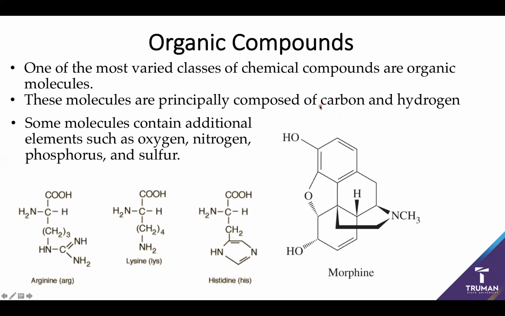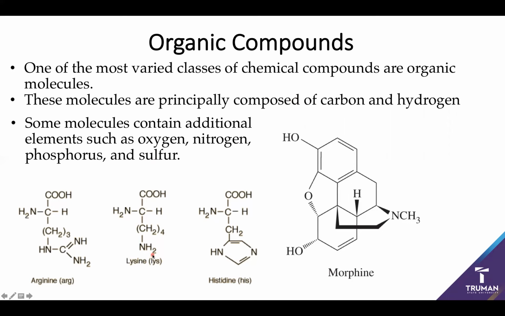You put these all together and we get the classic acronym of CHNOPS, because these are really the molecules of life. And it includes all sorts of relevant chemical compounds, including things like arginine and lysine, which are amino acids.